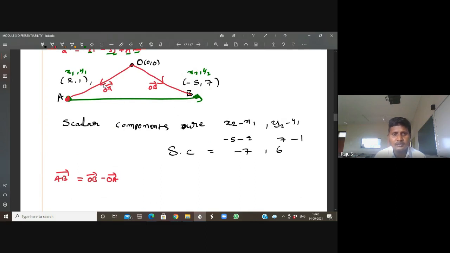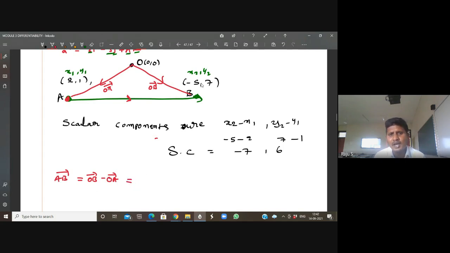But here the question is, we want to find the AB vector. According to the triangular law, it can be written as terminal minus initial, like OB minus OA. This is a very important formula.